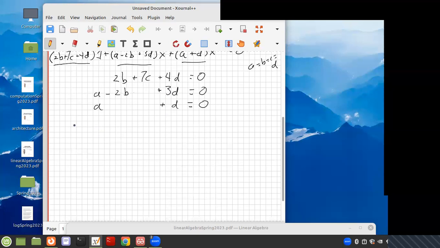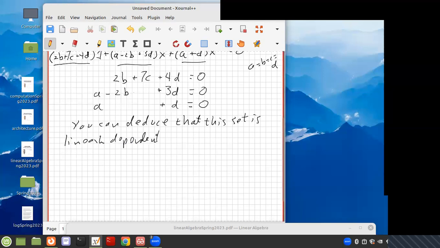So you can deduce that this set is linearly dependent.